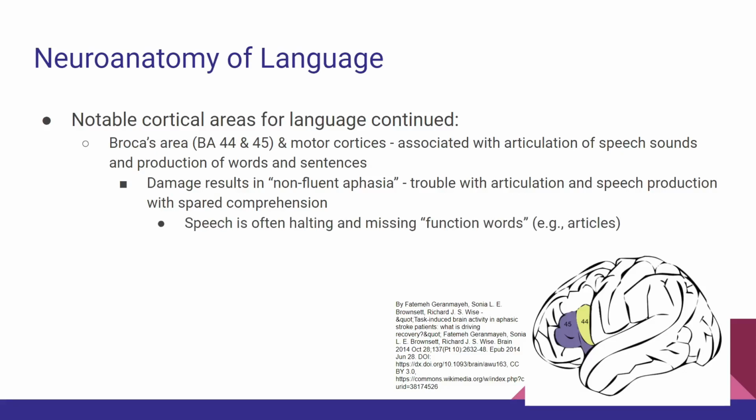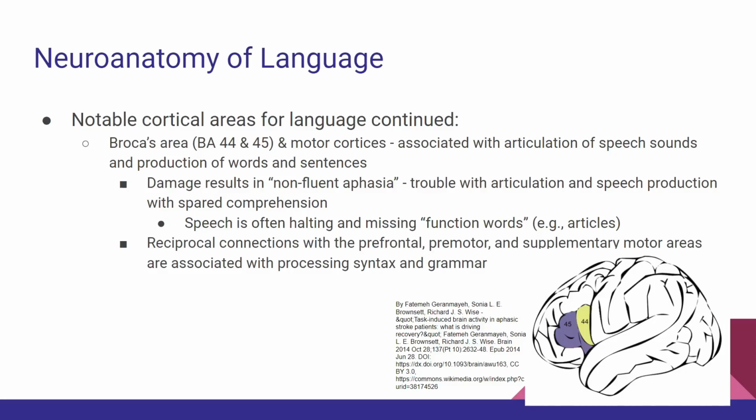The speech for these individuals is often halting and missing in functional words, things like articles. That's the, is. So they tend to produce more caveman-like speech. So the processing of syntax and grammar is associated with reciprocal connections between these areas and some of the prefrontal, premotor, and supplementary motor areas.